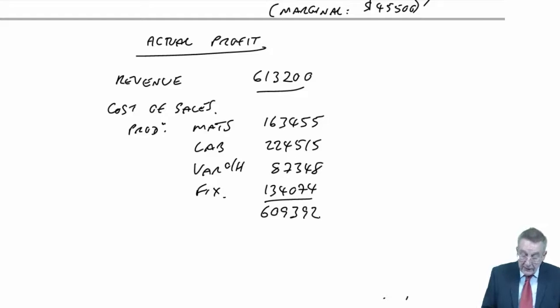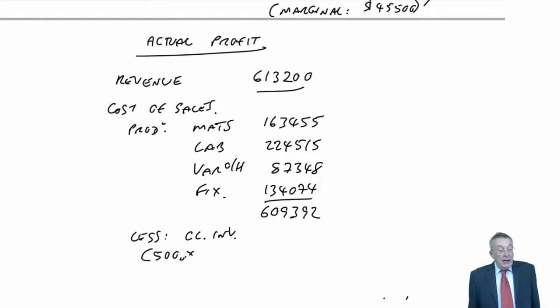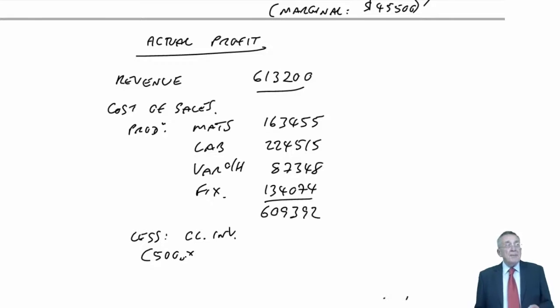To get the cost of the 8,400 we sold, subtract the closing inventory. There are 500 units in inventory. And as I said when we did marginal, in variance questions we always value inventory at standard cost.